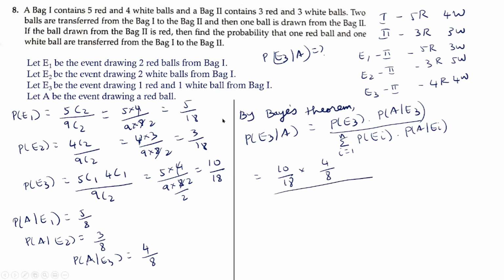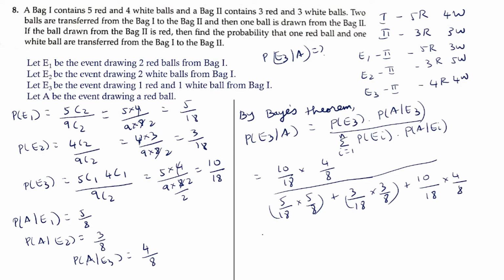upon probability of E1 into probability of A given E1, 5 by 18 into 5 by 8, plus probability of E2 into probability of A given E2, 3 by 18 into 3 by 8, plus probability of E3 into probability of A given E3, 10 by 18 into 4 by 8.